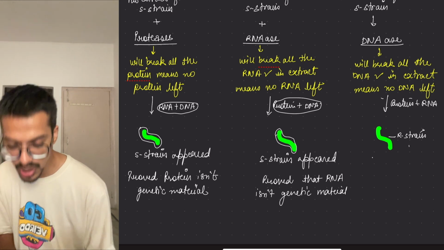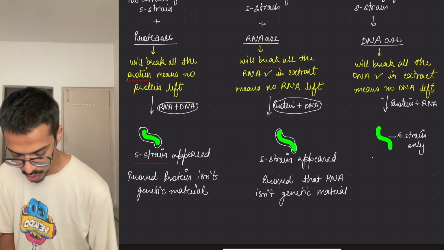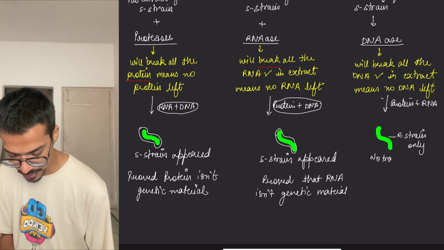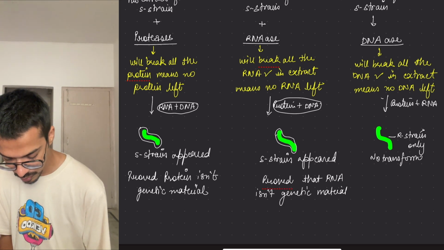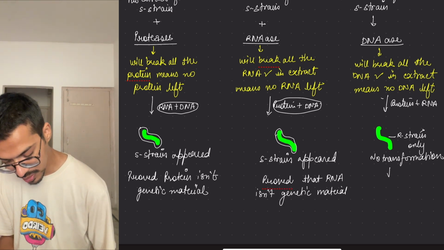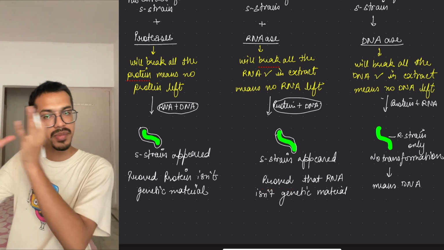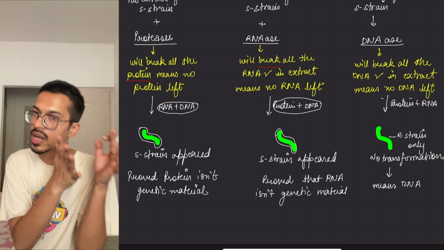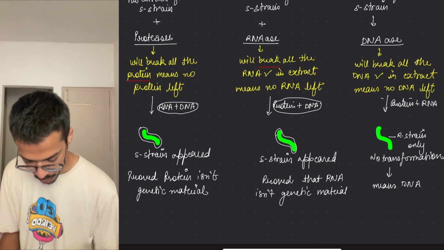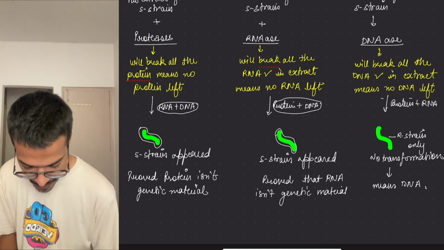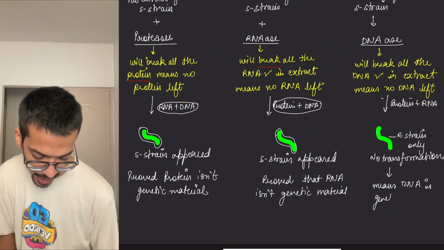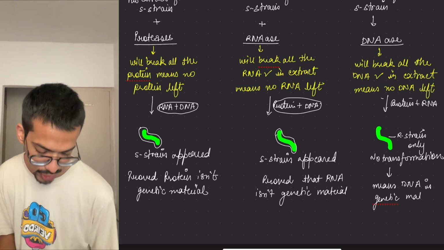Means no transformation occurred. Which means DNA is the genetic material. It is proved by the two experiments, test tubes A and B, and confirmed with the third one. Proved that DNA is the genetic material required for the transformation.